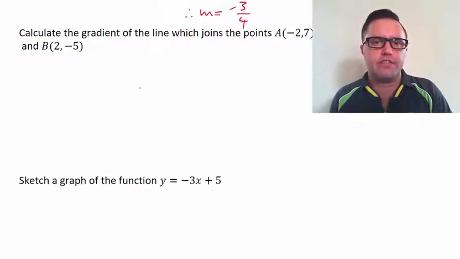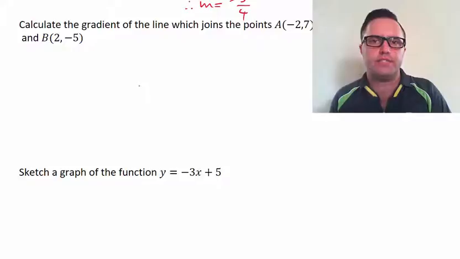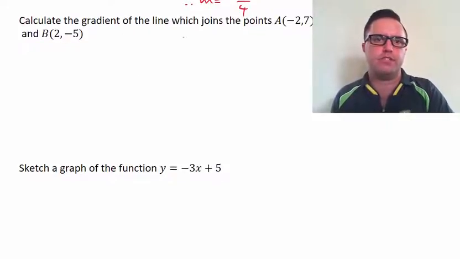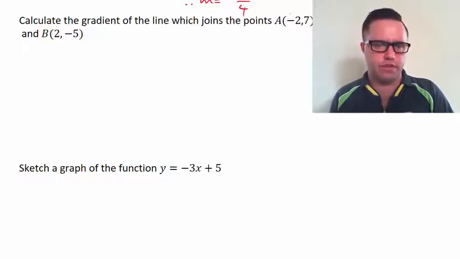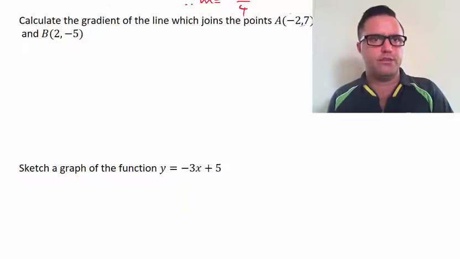Alright, let's calculate the gradient of the line which joins the points A (negative 2, 7) and B (2, negative 5). I've labelled these A and B nicely, but you think about it, negative 2 comes before positive 2, so that means that's going to be x1, y1, x2, y2.